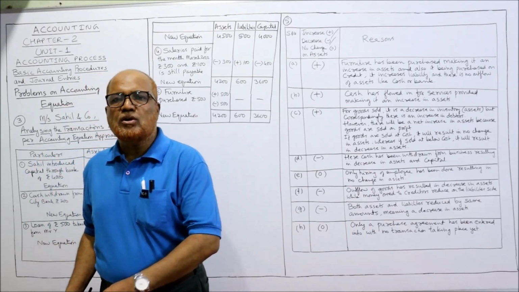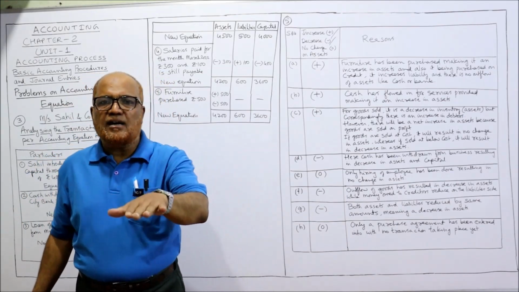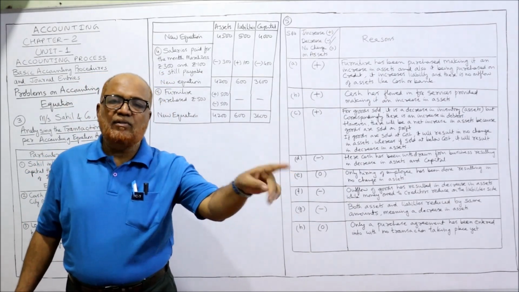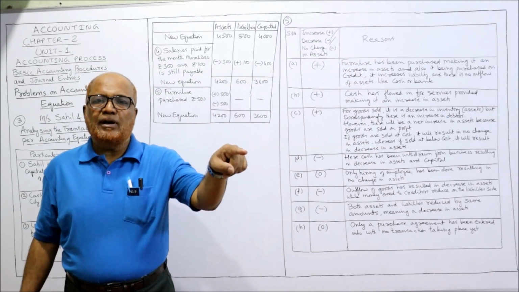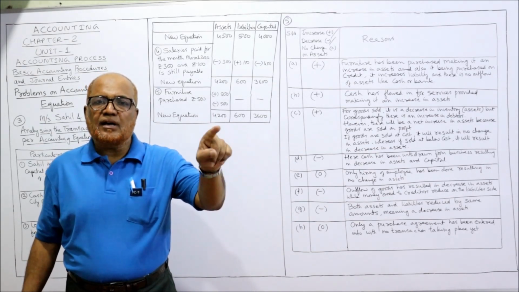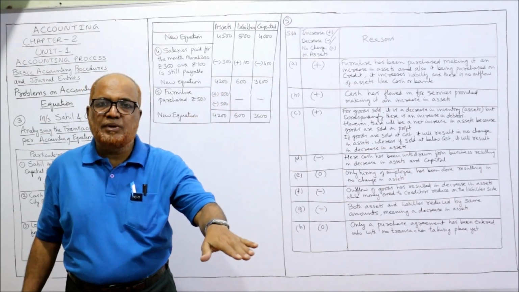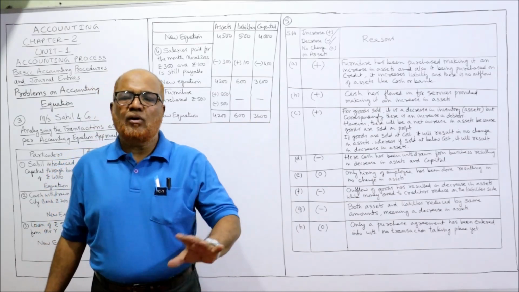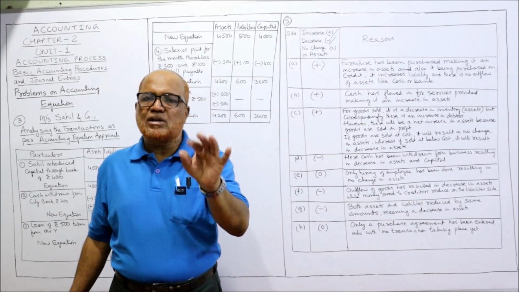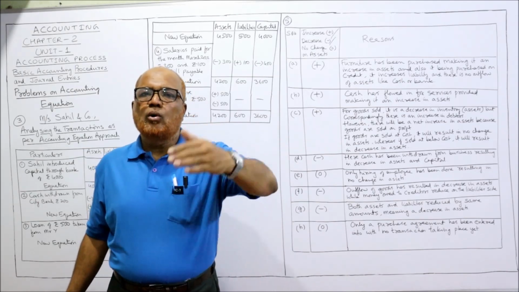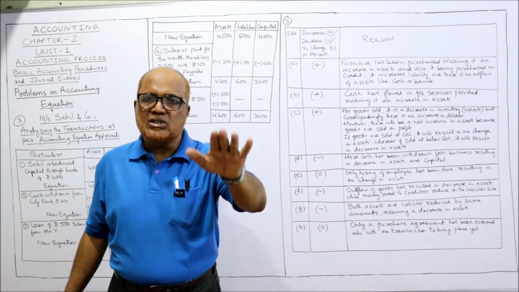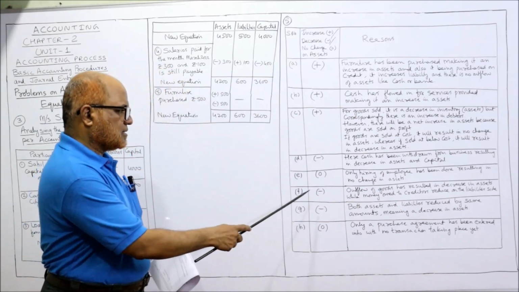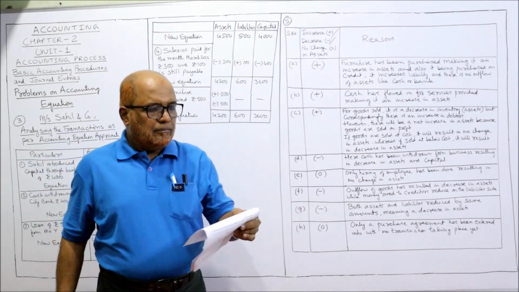So here the effect of goods returned is assets are decreased and the liability will also decrease. In the liability we have creditors. The creditors balance will decrease because we are returning back the goods to the creditors. But we are not concerned about liability, we are focusing only on assets. When goods are returned, the assets will decrease. So here minus.